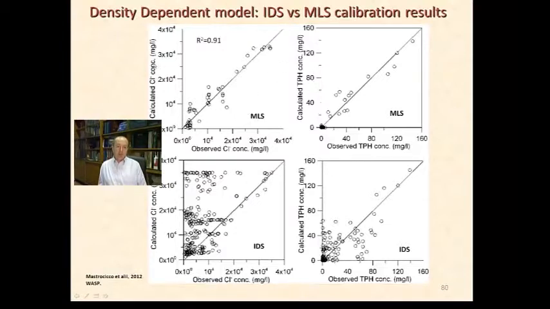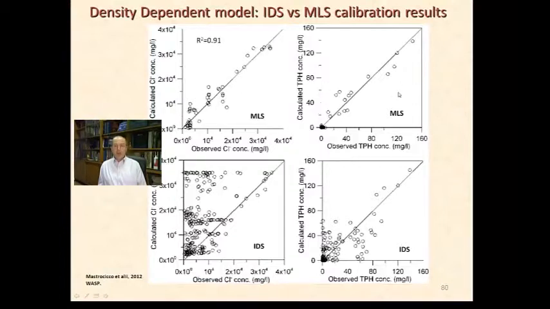If you look at the multi-level sampling in this graph, you can arrive at the conclusion that your transport model is a good model and you can use it for your further purposes for the remediation plan. The observed chloride concentration is very similar to the calculated one, so the transport model is a good model.